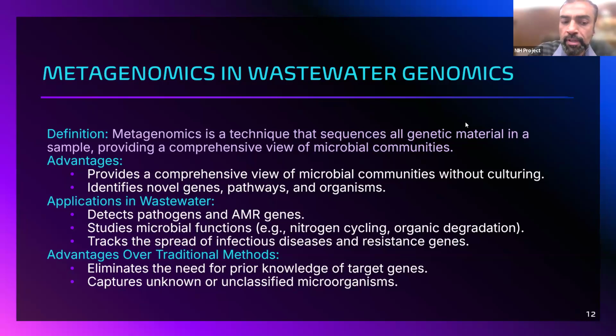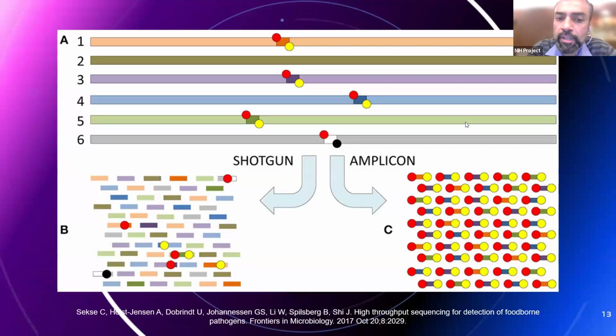There are a lot of other advantages as well over the traditional methods, which can be discussed in the next few slides. So particularly, we are interested in both of the ways offered by metagenomics, shotgun sequencing and amplicon sequencing.